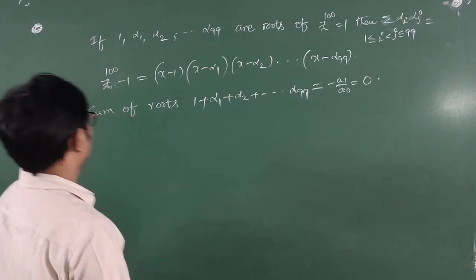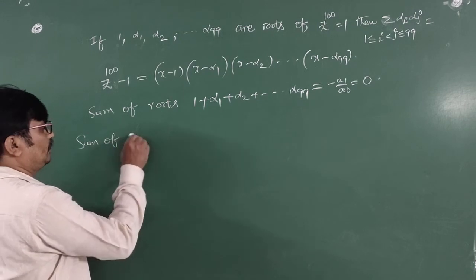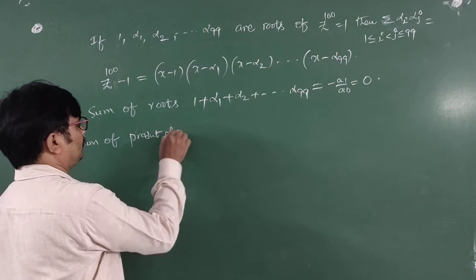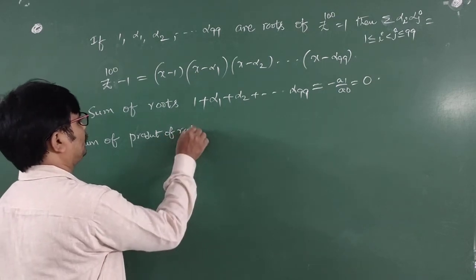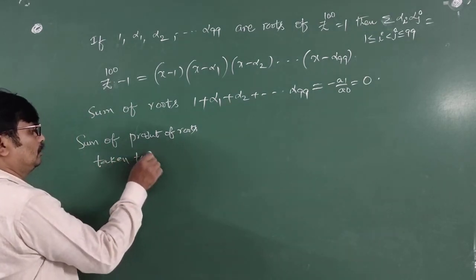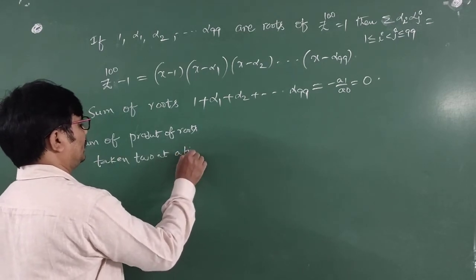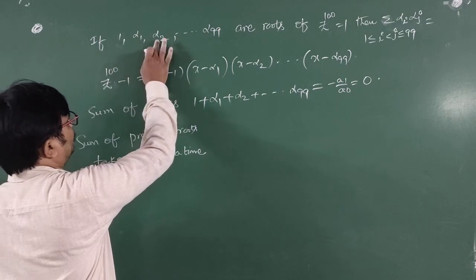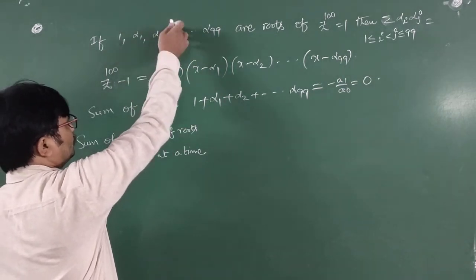Now, students, the sum of the product of the roots taken 2 at a time. That is 1 into alpha 1, 1 into alpha 2, similarly, after that alpha 1 alpha 2, alpha 2 alpha 3.